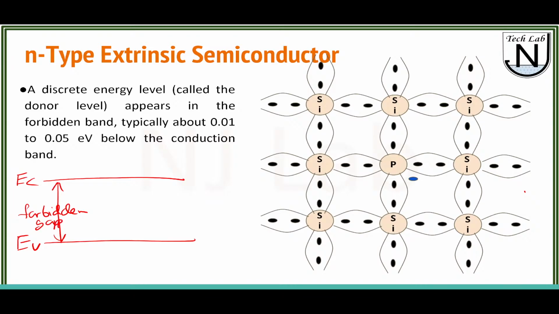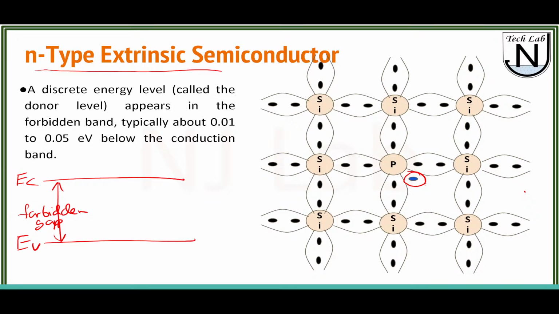Now by introducing the impurity in the intrinsic semiconductor, meaning by forming the n-type extrinsic semiconductor, we just found that for each impurity particle, one free electron is there, right? And since this free electron is not associated with any bonding, this electron needs very little energy, right?